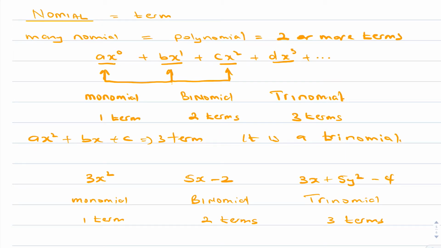Just remember that in ax to the power of 0, anything to the power of 0 equals 1, and x to the power of 1 equals x. Therefore, ax to the power of 0 is a, plus bx to the power of 1 is bx, plus cx squared plus dx cubed.